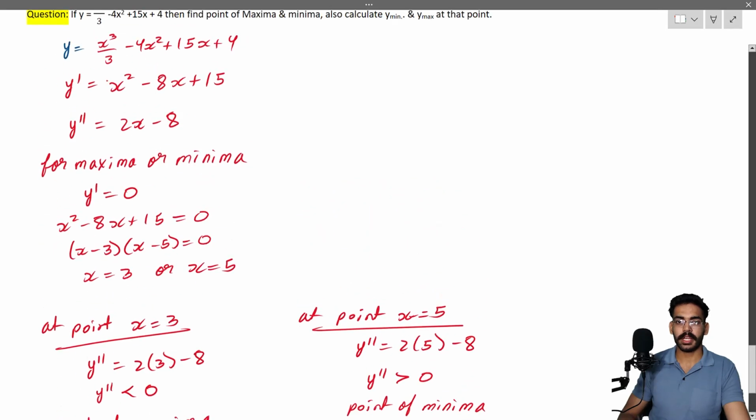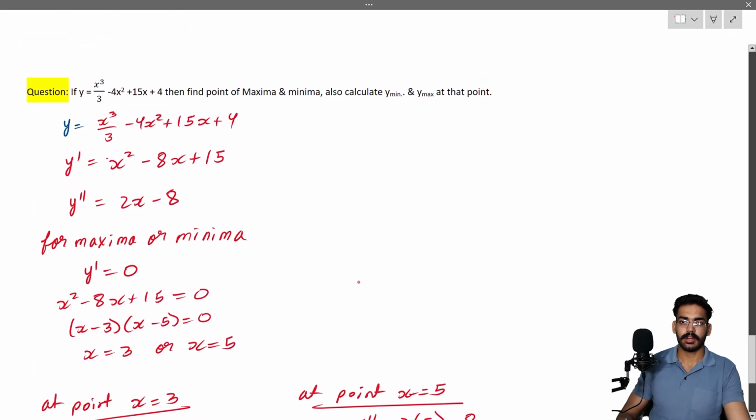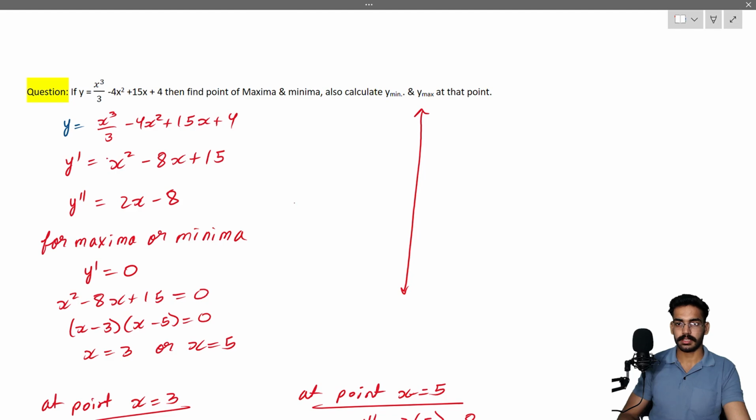Now let's go back and draw the graph. How to draw the graph? I'm teaching you one step further, but it's still very important. Let's check at the extreme positions, plus infinity and minus infinity. If I put x equal to plus infinity, x cube will dominate, so y goes to plus infinity.